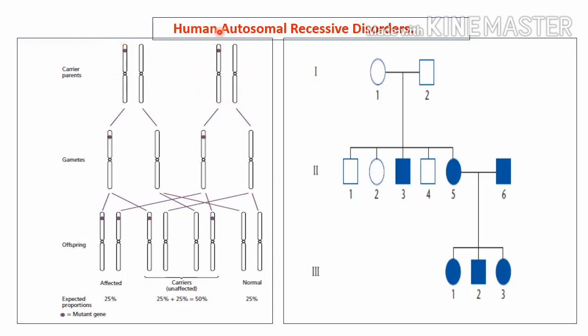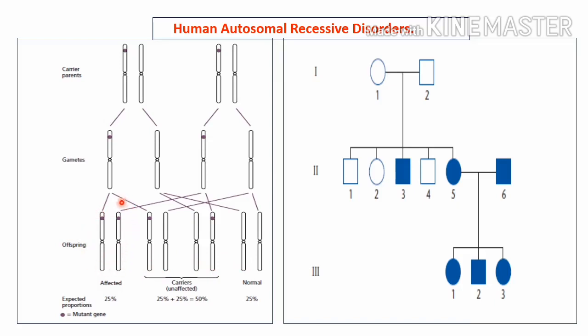Similarly, this other parent is normal, but can carry the mutated gene to their children. These normal parents are known as carrier parents, and this is gamete formation. After fusion of gametes, if there are 4 individuals, every individual has a 25% chance of origin.